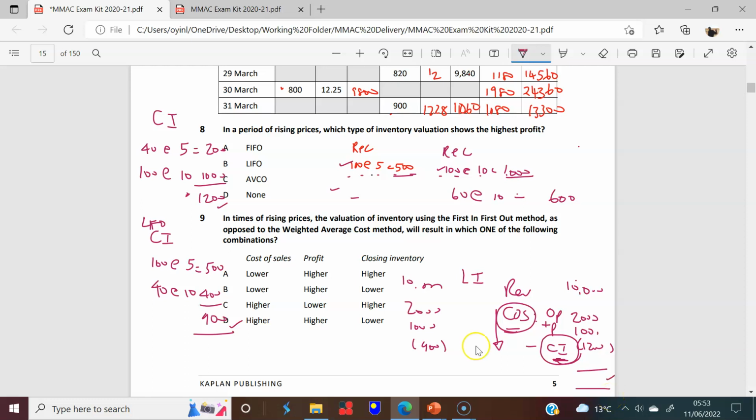And that's your principle, as opposed to a lower closing inventory, which gives you a higher cost of sale, and therefore you have a lower profit. So we'll probably do these two questions together.